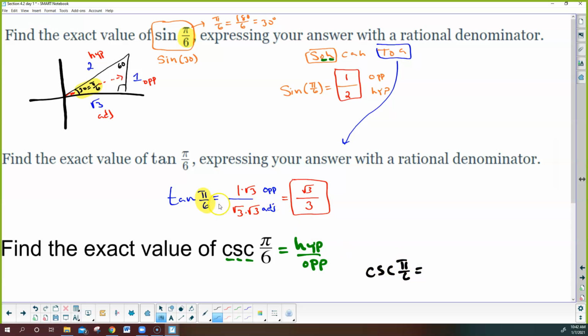Now notice it's the exact same angle. I need the hypotenuse, which is 2, over the opposite, which is 1, and we're done. Okay, so it's going to take a lot of practice to get there. The hardest part is memorizing the 30, 60, 90 triangles and the 45, 45, 90.